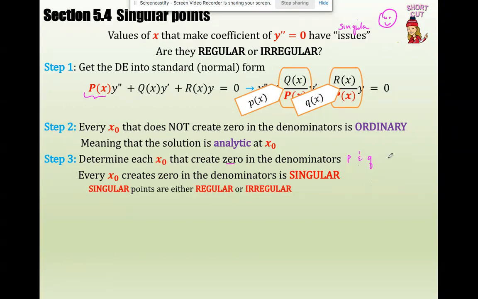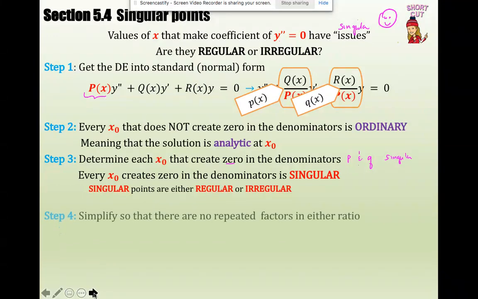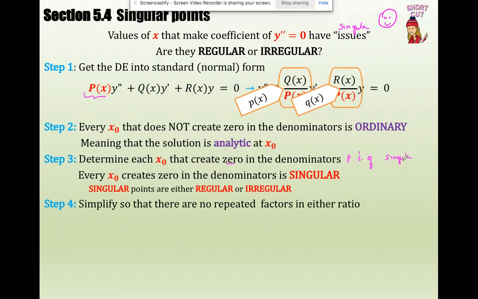Those are your singular points. They are the same x's that make the coefficient of y prime before you got into standard form equal to 0. Every one of those points is singular, but that's either regular, have hope, or irregular, hopes dashed.